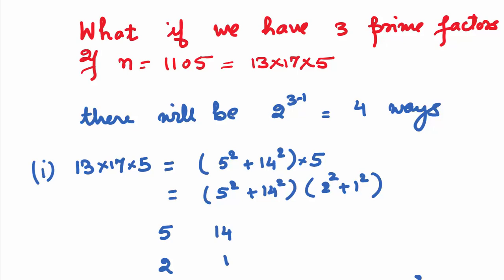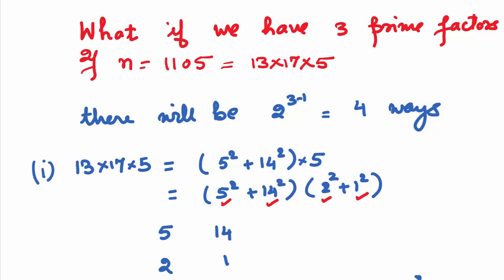What we do is we will first write 13 into 17 as a sum of two squares. You've already seen that it is 5² + 14², and then multiply by 5. 5 also can be written as a sum of two squares, 2² + 1². Now apply the identity. Here a is nothing but 5, b is nothing but 14, c is 2 and d is 1.